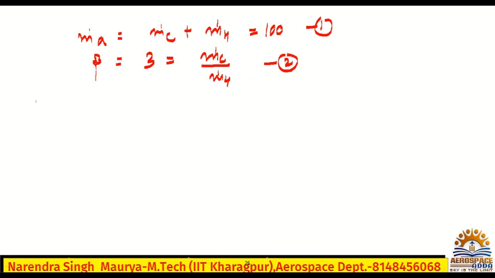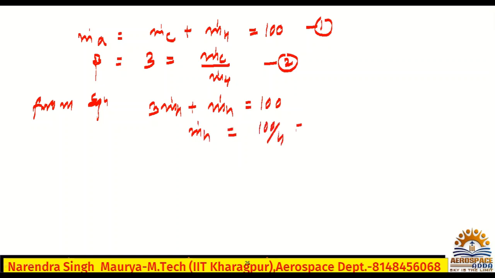So from equation 1 we can write m dot c as 3 m dot h, plus m dot h, which is nothing but 100, so the hot nozzle mass flow rate will be 100 divided by 4, which is 25. Sorry, it's not kilojoule, it's kg per second, 25 kg per second.